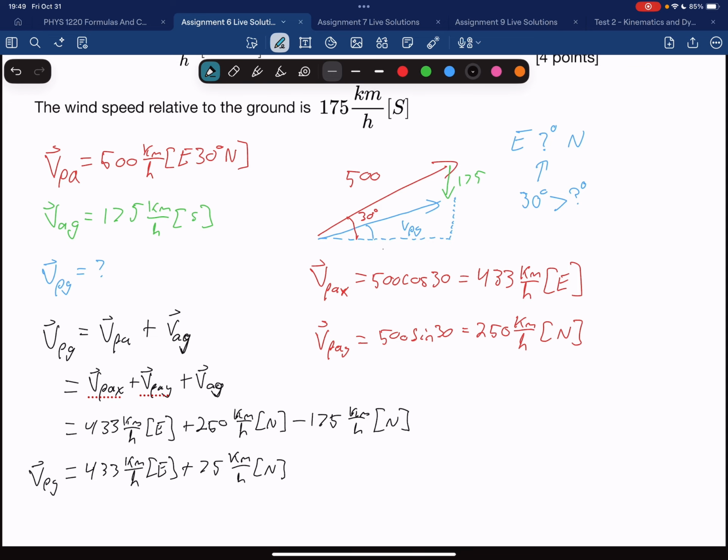So I know that the x component is 433, the y component is 75. So I know that VPG is equal to the square root of 433 squared plus 75 squared, which gives me 439, I believe. Yeah, 439.